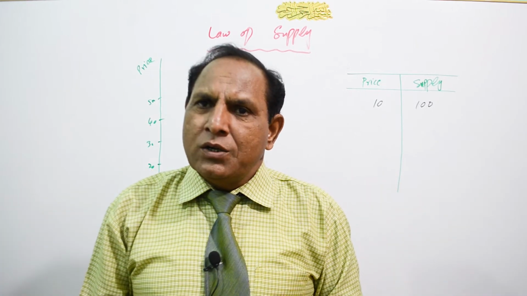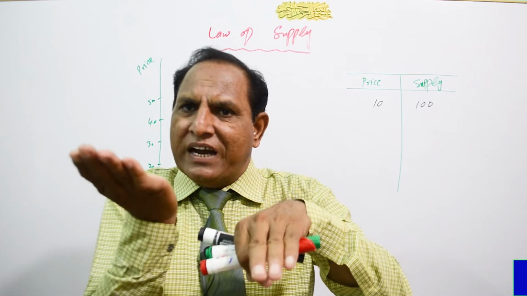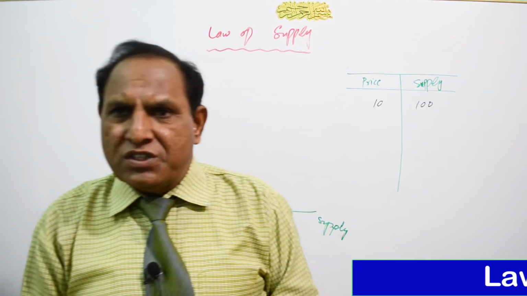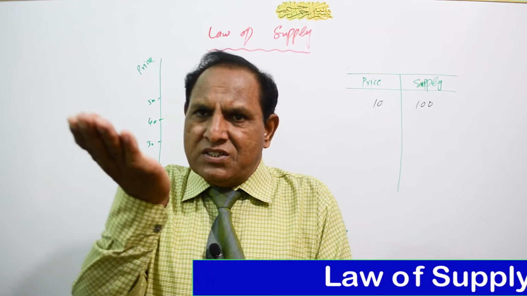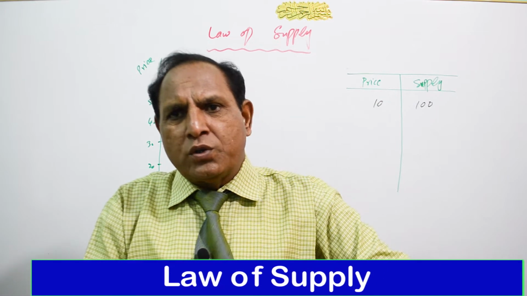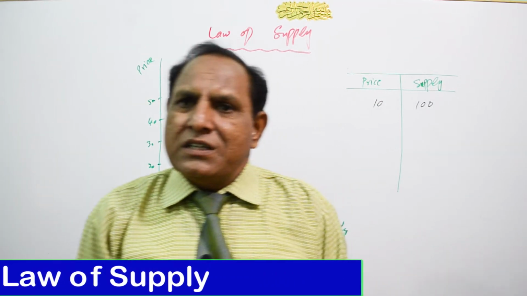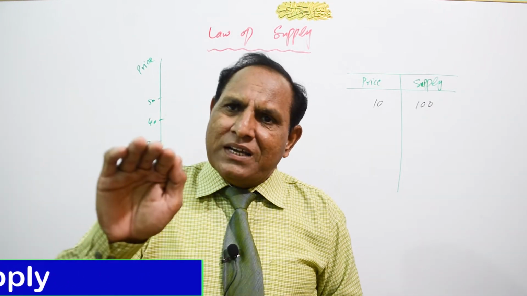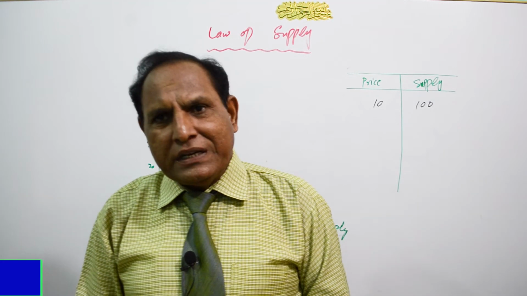So in demand, both forces go in opposite directions, but in supply both forces go side by side. If this increases, this also increases. If this decreases, this also decreases.